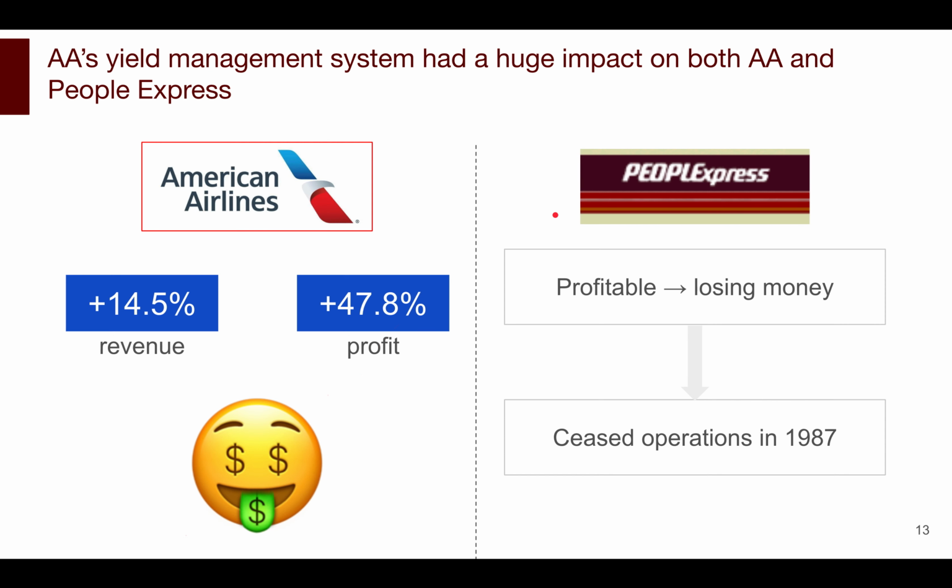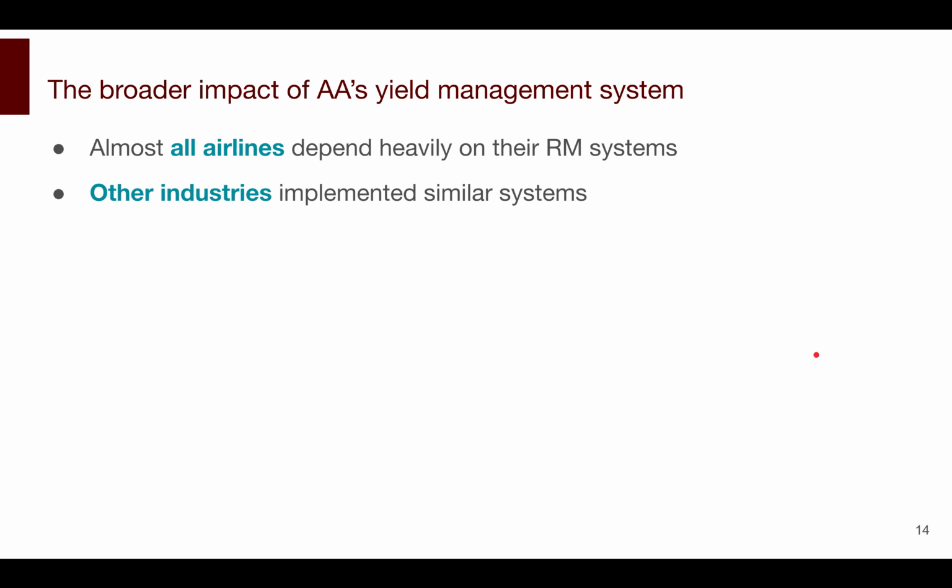Whereas People Express was not able to compete. They turned from being profitable to losing money, and eventually, 2 or 3 years following the introduction of the yield management system, they declared bankruptcy and ceased operations.